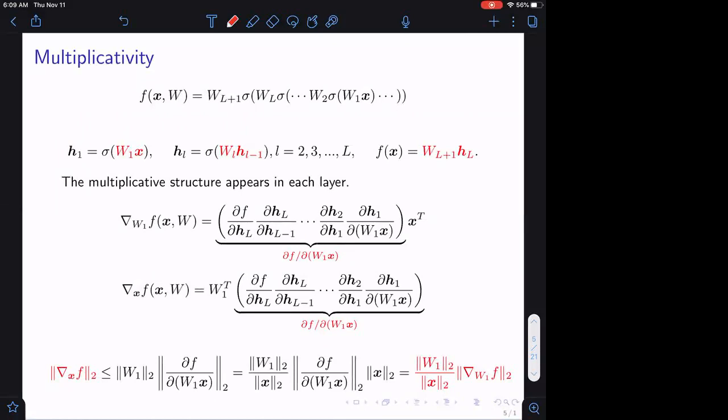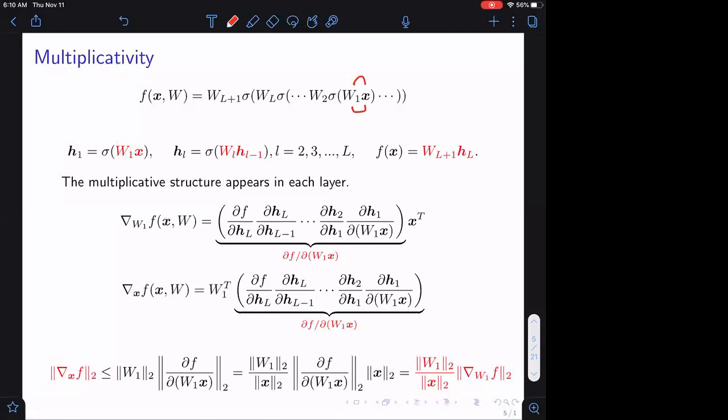The multiplicative structure of the neural network really just means that all the parameters are multiplied with the input, rather than combined in some other form. You could imagine adding the parameters without any multiplication, or treating them in a much more complicated way. But the first thing you do being a multiplication is the key here.